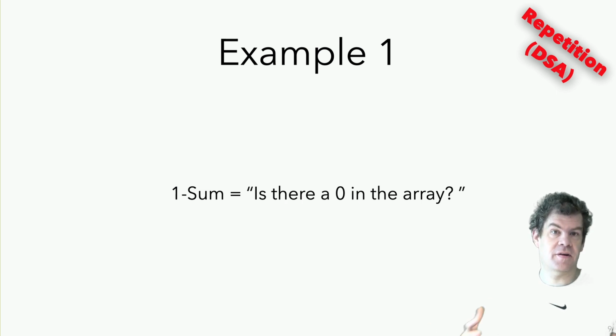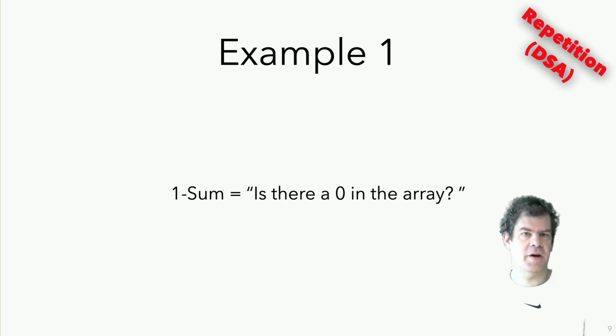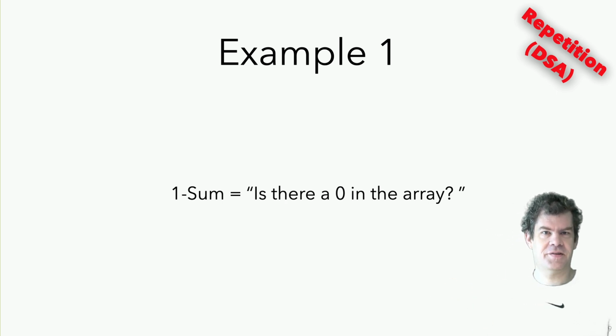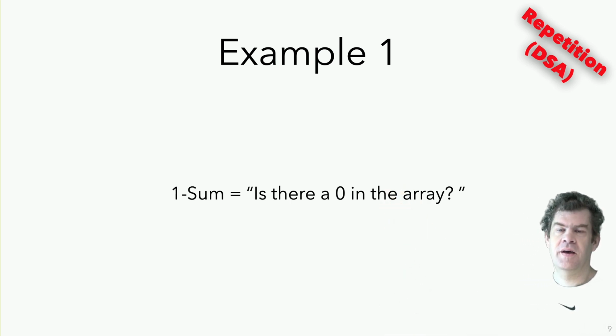And three sum asks whether there are triplets that sum up to 0. That's a really important problem, by the way, in particular in computer graphics, in geometry. But anyways, one sum is the trivial version of that one. Is there a 0 in an array?